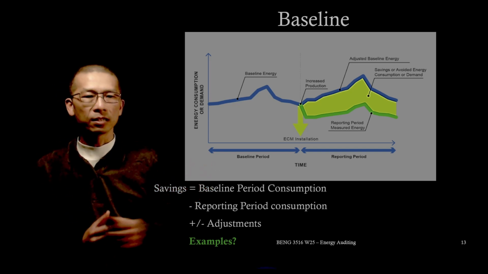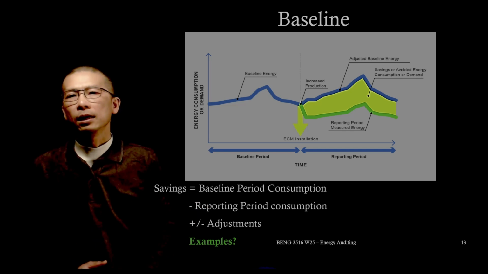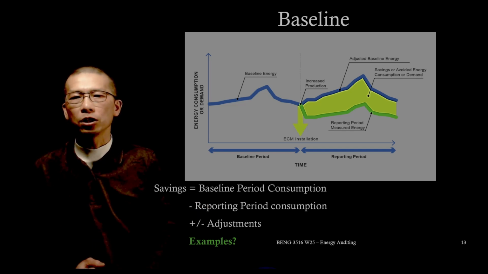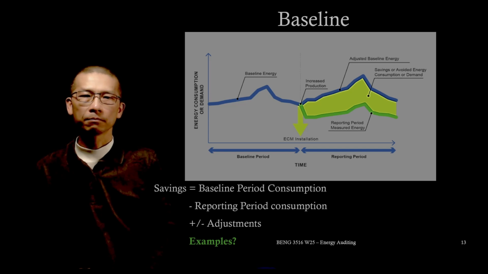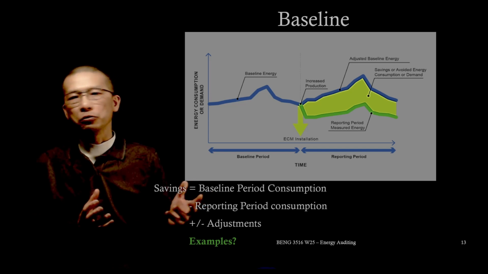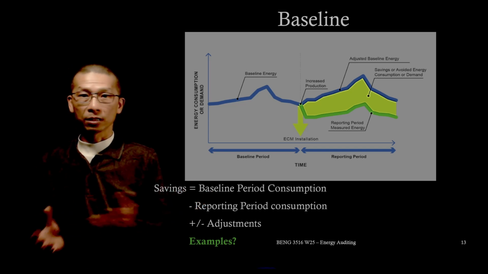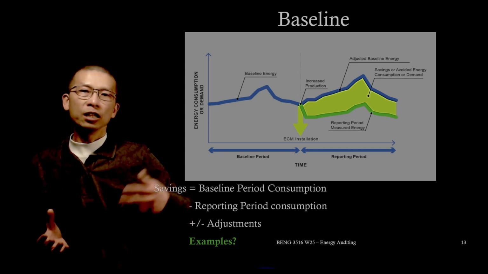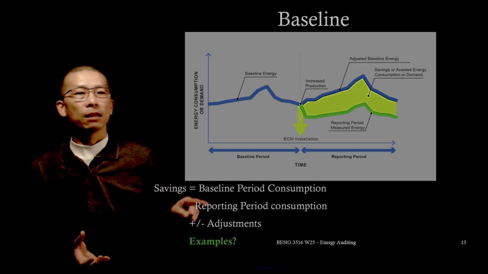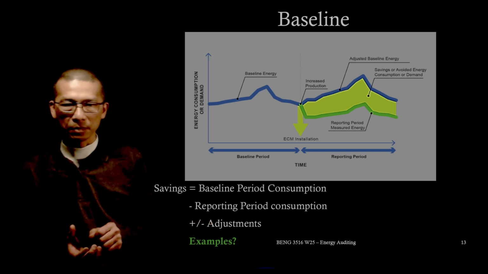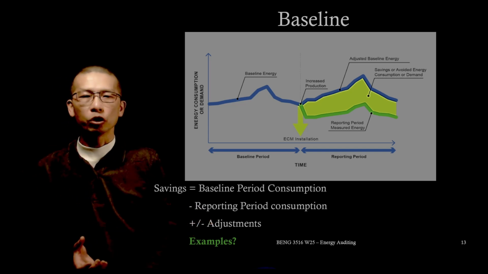Reporting period consumption. That's the energy use after the ECM is implemented, and it's measured during the period after project completion, reflecting the new energy performance of the system. Then finally the adjustment.